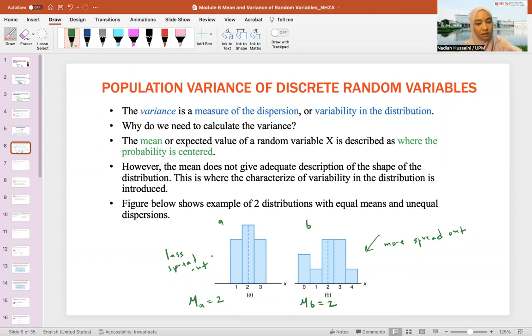Do you have any justification? It's okay if you get it wrong or right. I don't mind. We're just having a discussion. It's A. Someone said it's A. Okay, why A or why B? Because the values deviate less compared to B. Okay, because A deviates less compared to B, correct.